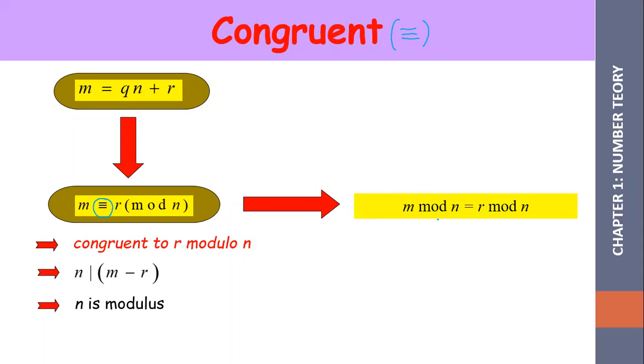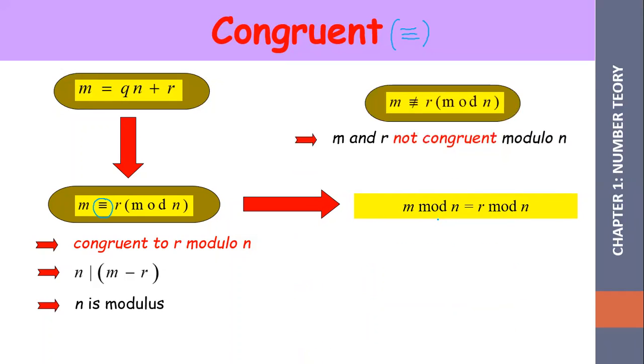Next, if n does not divide m minus r, then we say that m is not congruent to r mod n. It must be that n divides m minus r. If not, m is not congruent to r mod n.